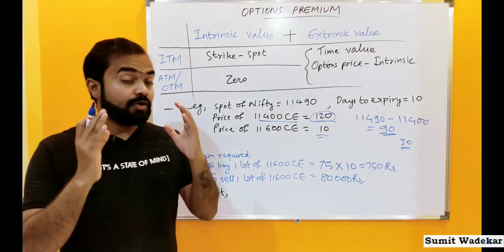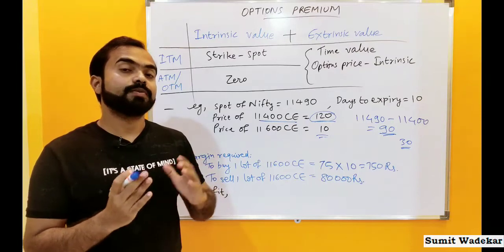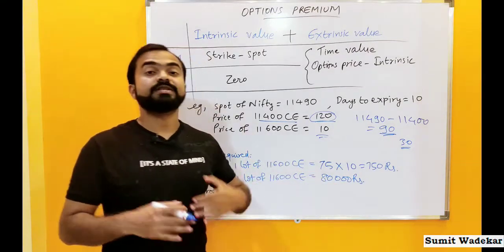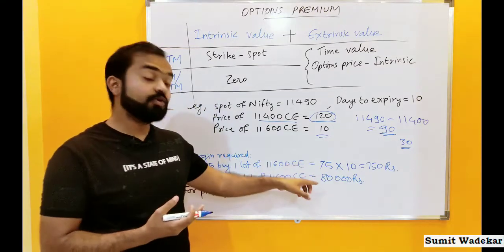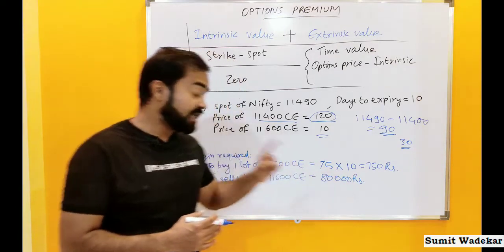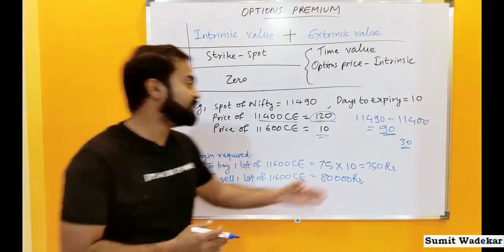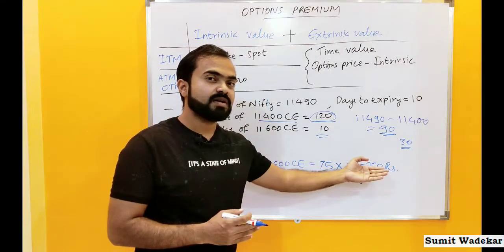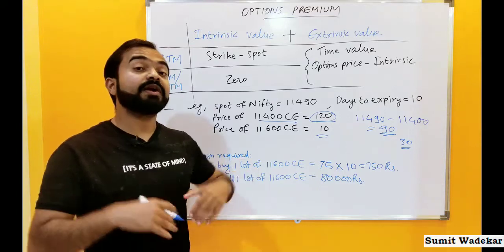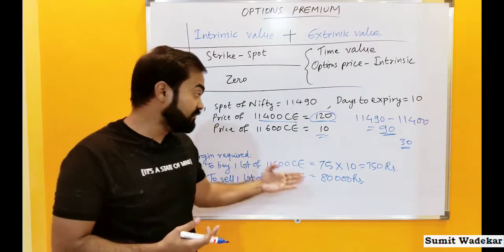So in order to sell one lot of Nifty option, call or put, I need around 80,000 rupees as margin. Now you can see that to sell one lot you need 80,000 rupees, but to buy one lot you need just 750. Almost 100 times more capital is required to sell one lot.